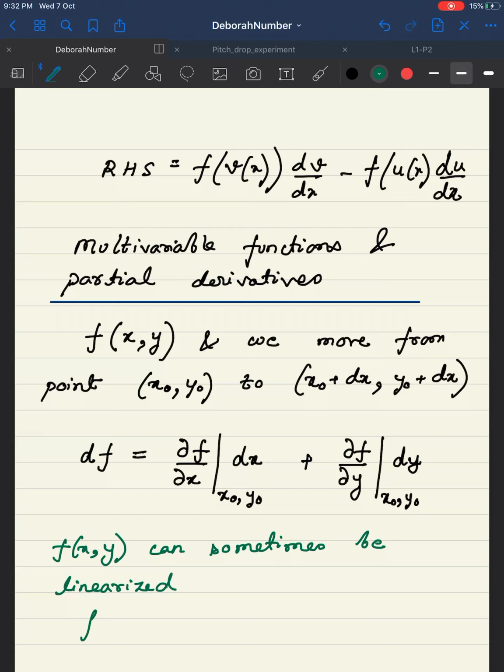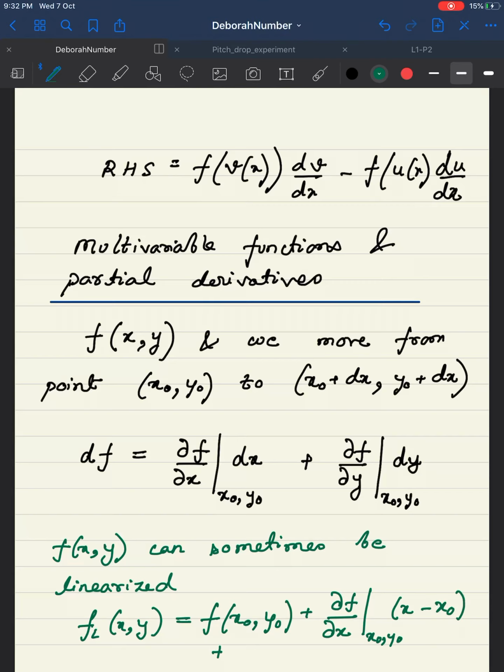Let's say f_L(x, y) is that, and that can be written as f(x0, y0) plus ∂f/∂x evaluated at (x0, y0) times (x minus x0) plus ∂f/∂y. Okay, let me first write down the expression and then I'll explain. Okay, I'm running out of space. Let me write it.